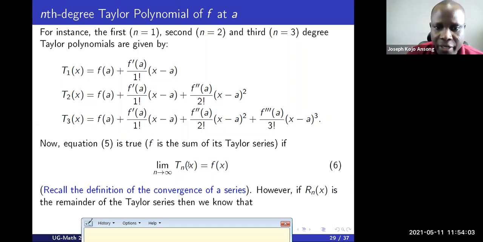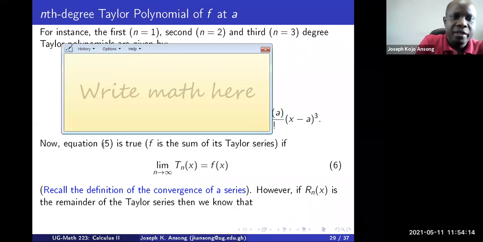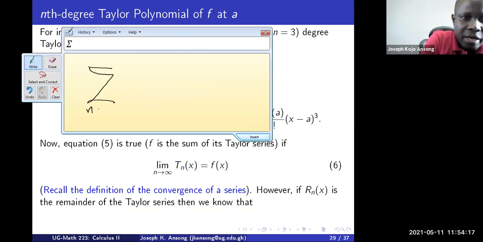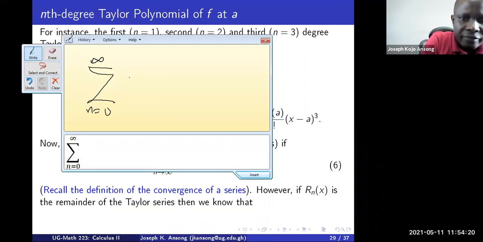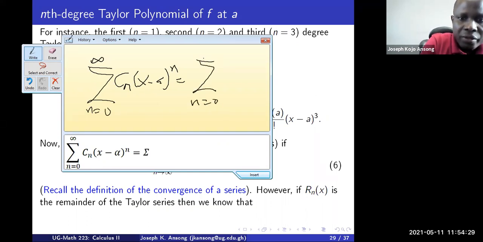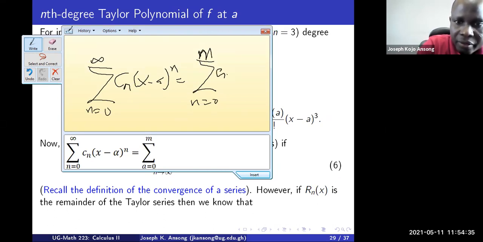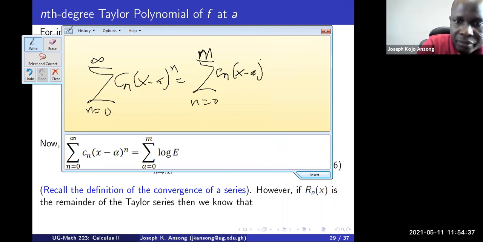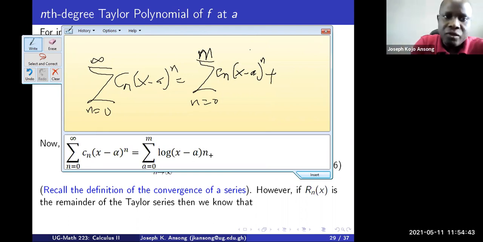Okay, now let's call Rn the remainder of the Taylor series. Remember the Taylor series is summing to infinity. So I have a series, n equals 0 to infinity, of this Taylor series, f^(n) of a over n factorial, times x minus a raised to the power n. This is the same as summing all the way to some n, let me call it big N, of this series, plus the sum from N plus 1 to infinity.